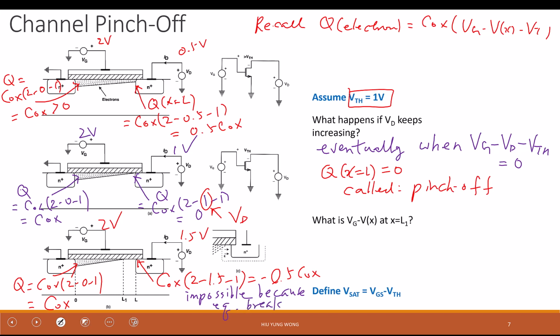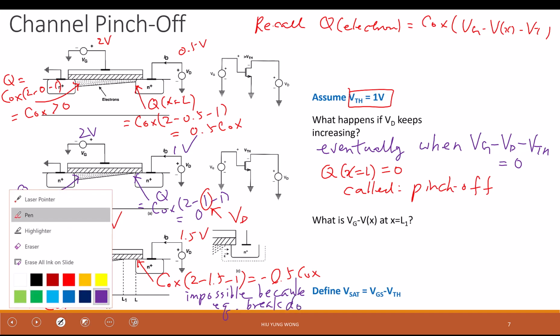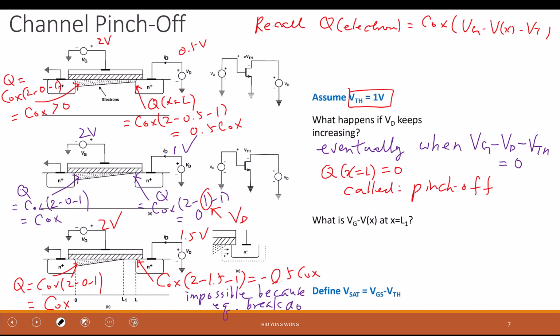This is because now we actually don't have a constant depletion. The system sustains more depletion charge than the inversion charge, but we do not want to go into details. We just agree that this will happen for this class. That is what I mean by the equation breaks down.